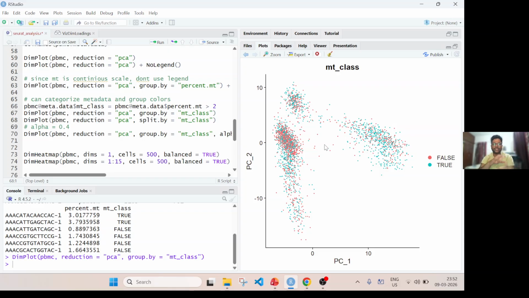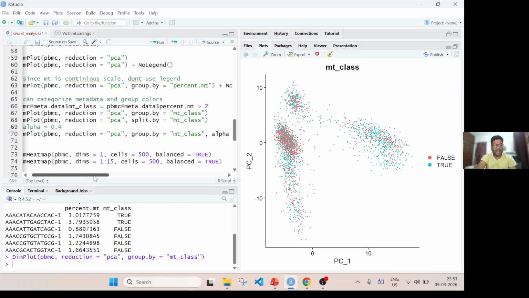Since there is no clustering, the cells are not clustered as per the mitochondrial information, so this technical noise is not segregating. Whatever downstream clustering we get will not be because of mitochondrial content, but because of pure biological gene expression. It's a good indication that you should not get clustering at this stage with respect to the mitochondrial group.